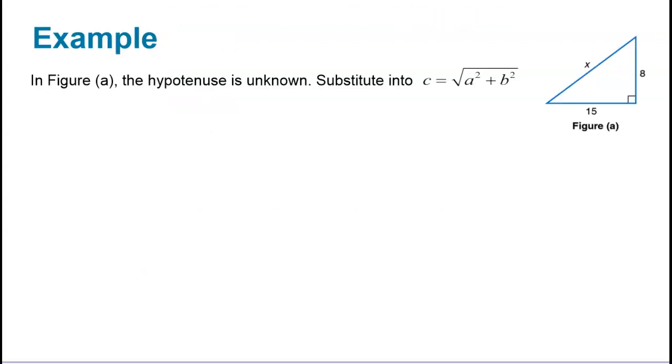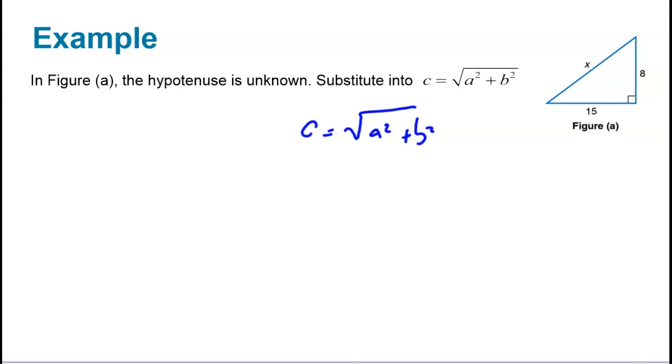Let's go ahead and look at a problem then, and we're just going to go ahead and solve it. I'd like you to take a minute and pause the video and try this one yourself. Okay, we're back, and so hopefully you were able to rewrite the formula and then substitute in.